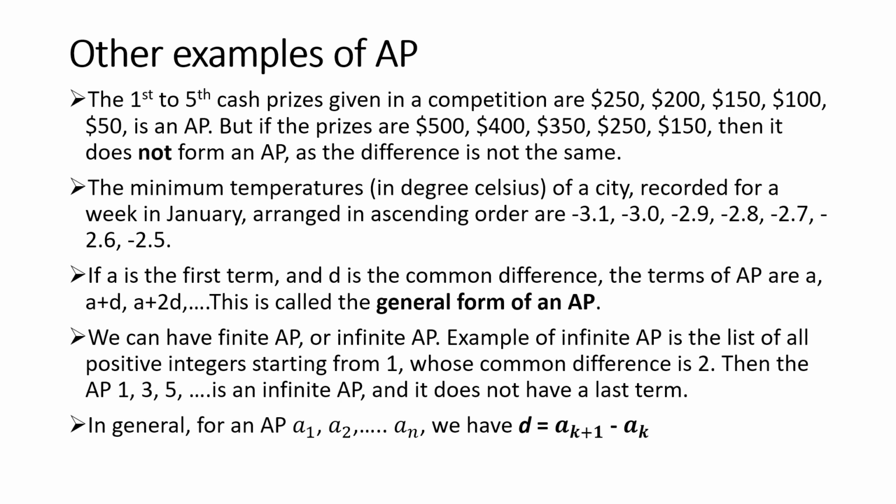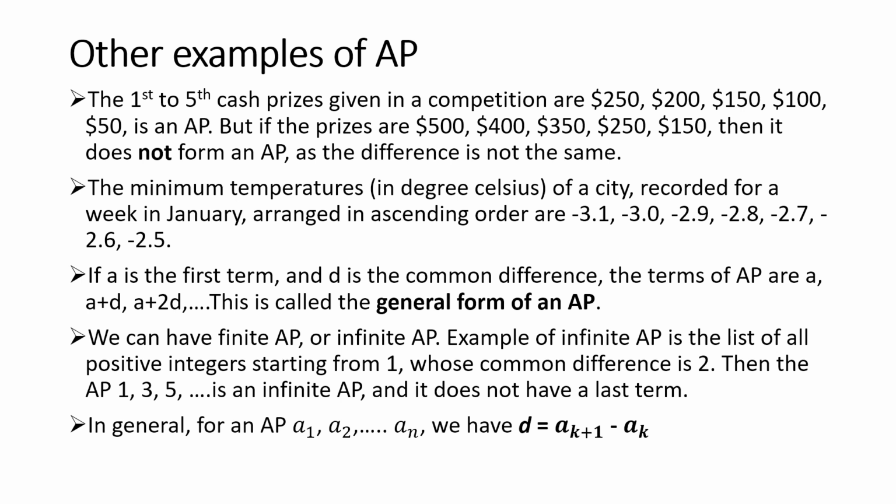Now we can have a finite arithmetic progression, or you can also have an infinite arithmetic progression. An example of an infinite AP is the list of all positive odd integers starting from 1, whose common difference is 2. Then I can say that 1, 3, 5 and so on is an infinite arithmetic progression as it does not have a last term.